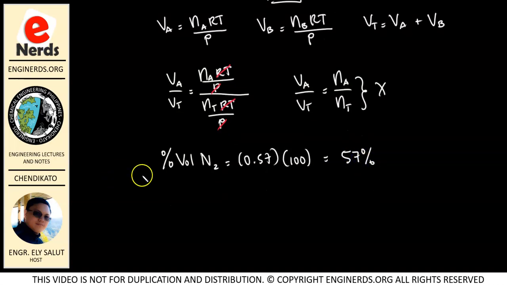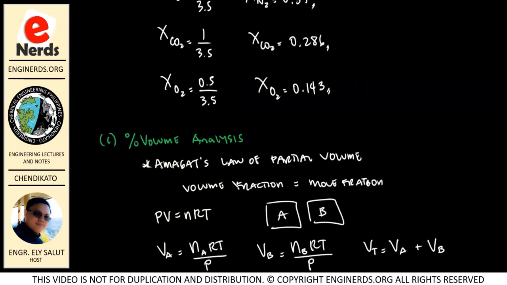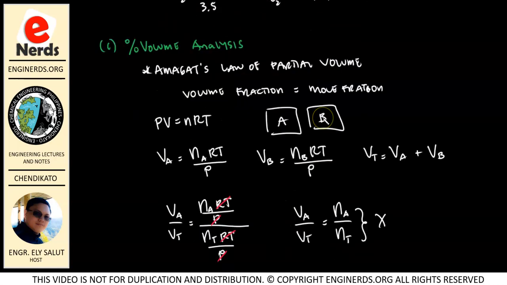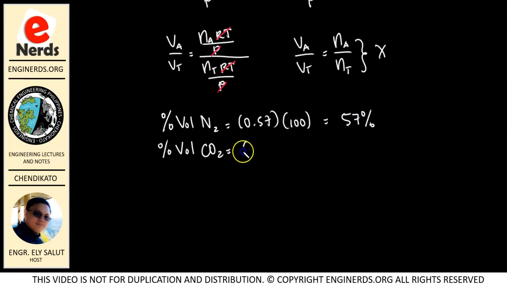So, what is our percent volume for CO2? Our mole fraction for CO2 is 0.286 times 100. So, this is equal to 28.6%.